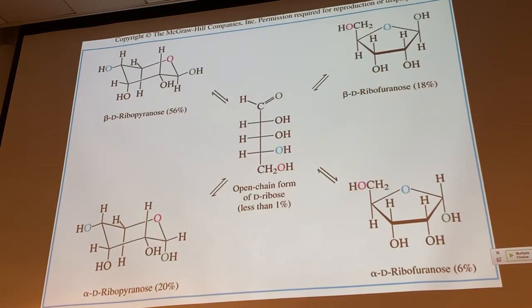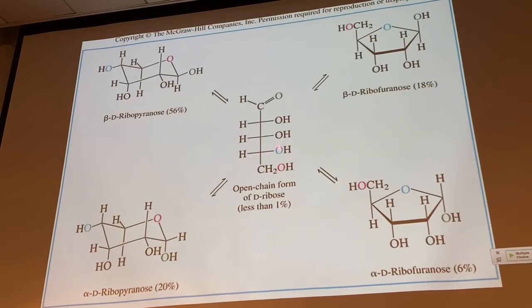Okay. So we're just going to show you on the screen how to go from the Fischer projection of ribose, or any other pentose for that matter, to the cyclic hemiacetal form, the furanose form. Because it's going to be basically the same as what we did on the board on Friday for the hexoses and the pyranose forms. So the first thing we're going to do is rotate 90 degrees about this carbon right here.